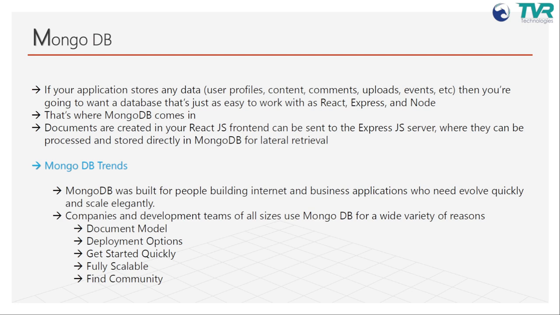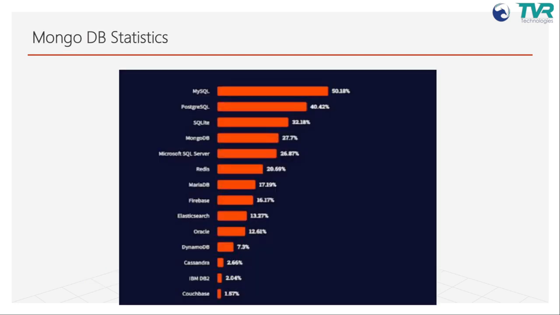In our MERN stack, we will be dealing with MongoDB for our database management. Here you can see MongoDB's statistics are a bit lower compared with Node.js, at 27.7%.